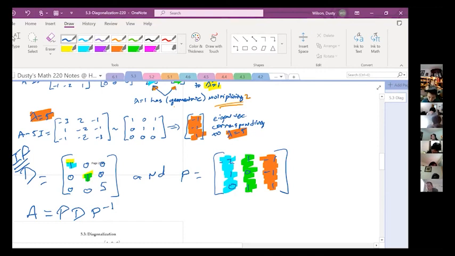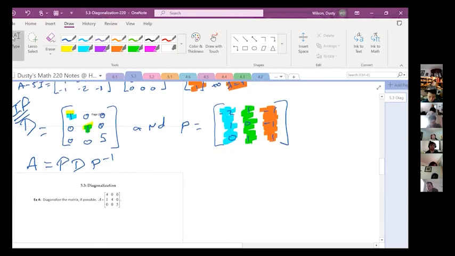You may have forgotten why we care at all. The reason we care about this is this now allows us to tackle power questions. So remember, if we wanted to find A to the 50th, A to the 50th would be the same as P D to the 50th P inverse.